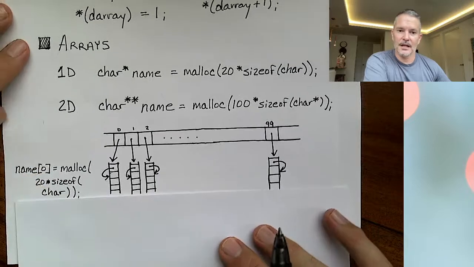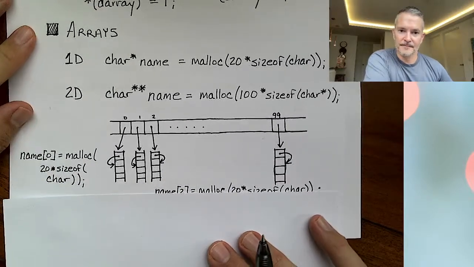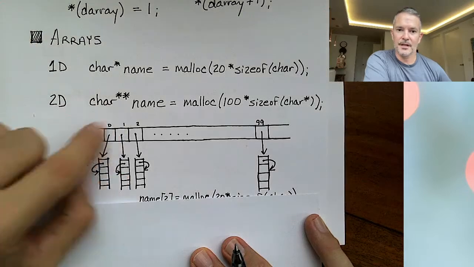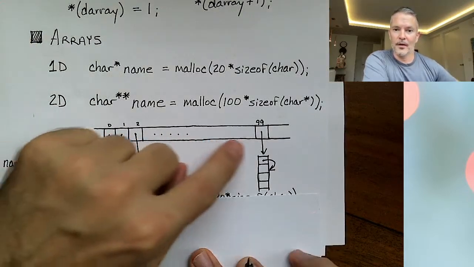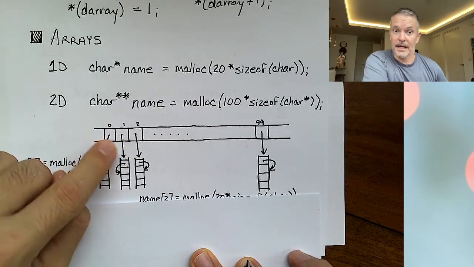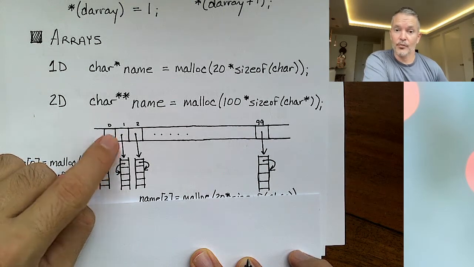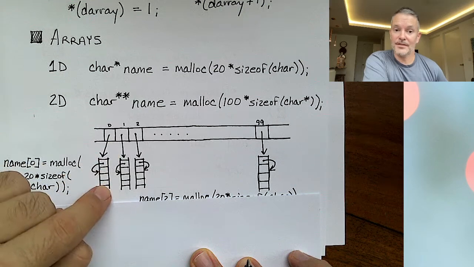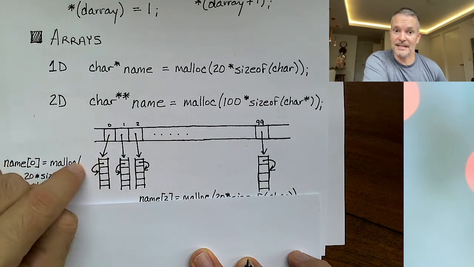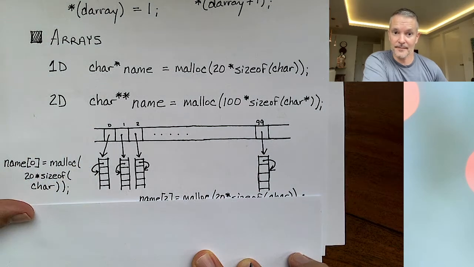So, helping you visualize this a little bit, this 2D array is going to be an array of 0 to 99 pointers. Each pointer will be set up to point to another pointer, which is the beginning of an array.